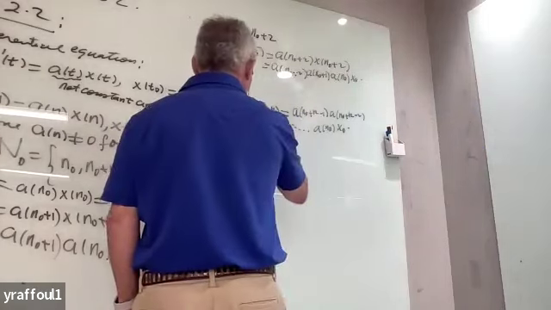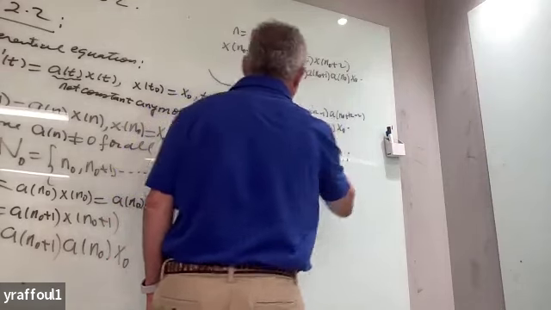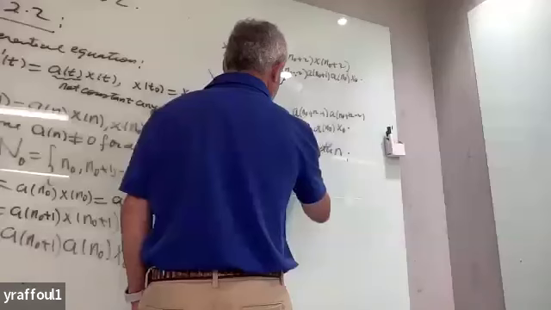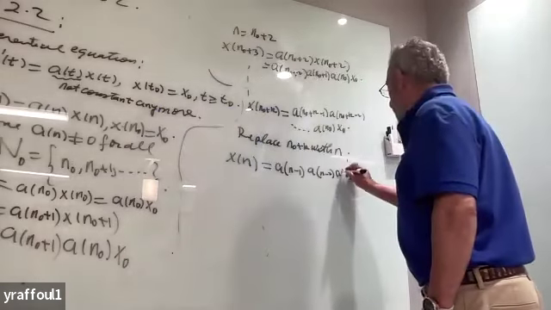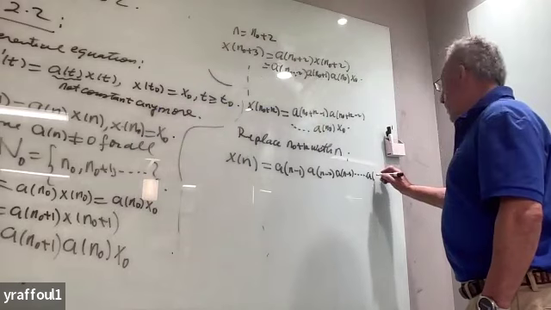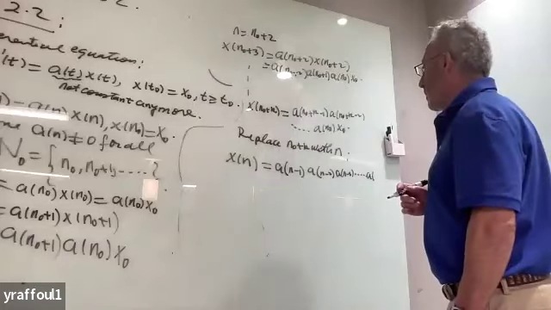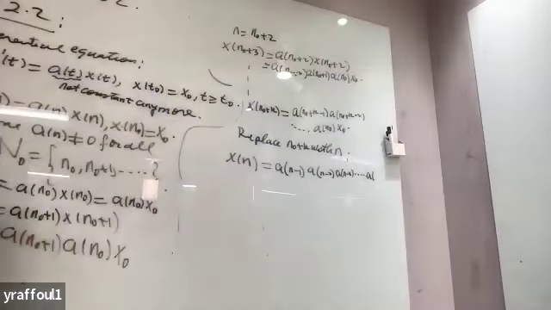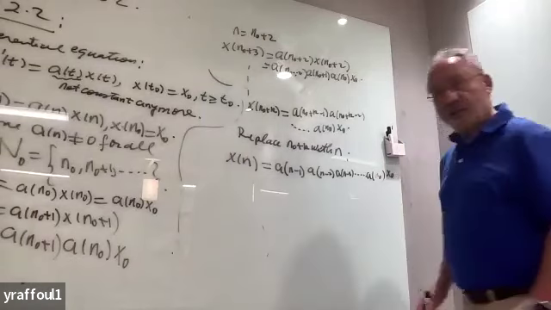So if I replace n0 plus k with n, I get x_n equal to a_{n-1} a_{n-2} a_{n-3} down to a_{n0} x0.